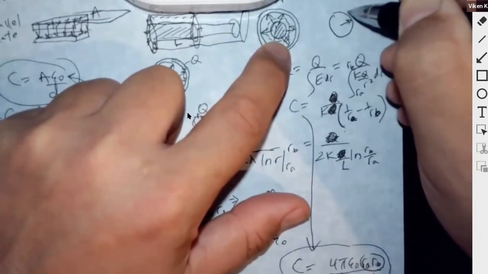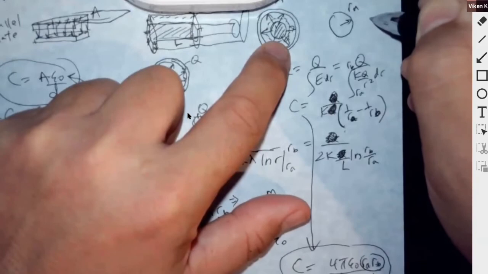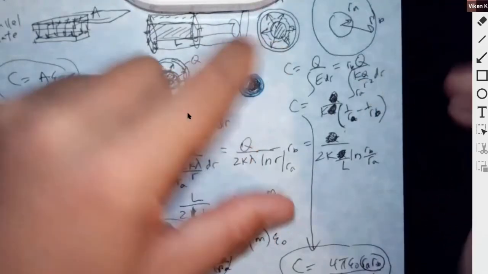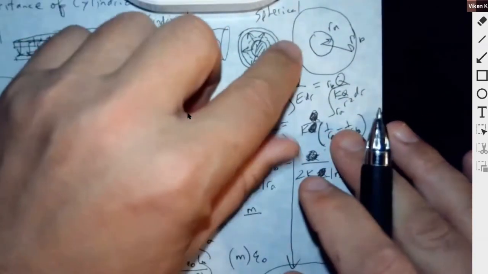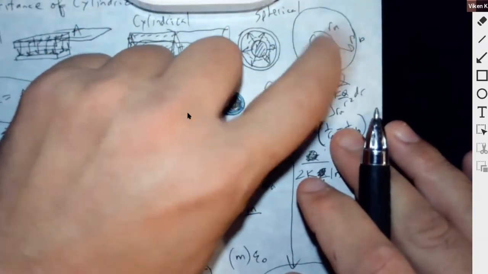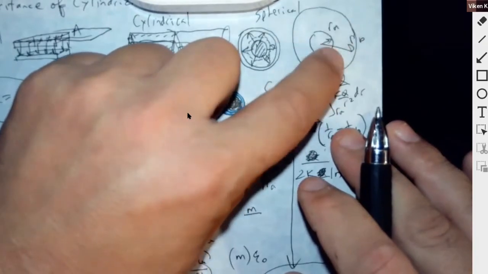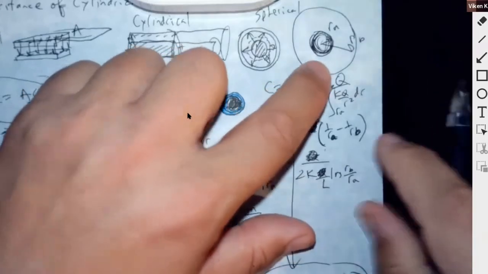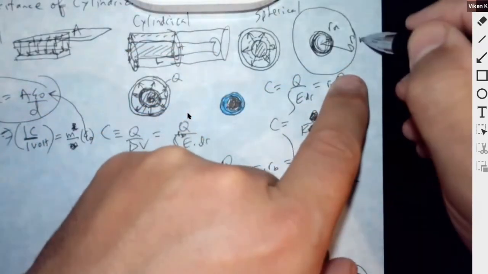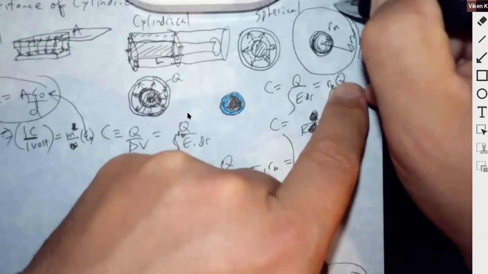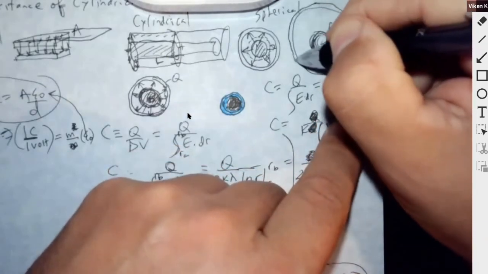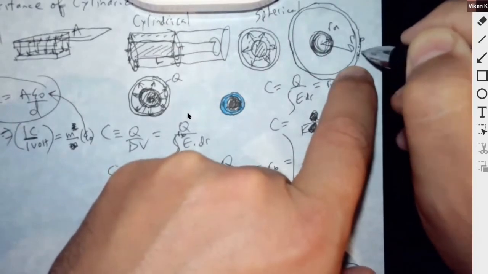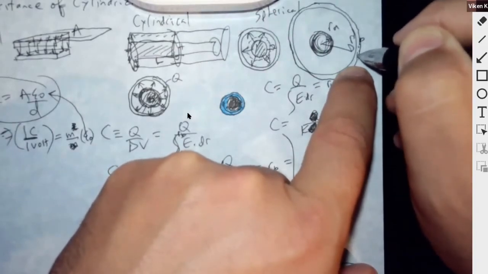Let's say it's got a bigger radius RA, and let's say RB is bigger. You see? So if you compare this capacitor to this, it has more capacity to store charge because it's got a bigger surface area of this plate, you see? And of course, this is a thin spherical shell. So of course, this is going to have more capacity to store charge too, you see?